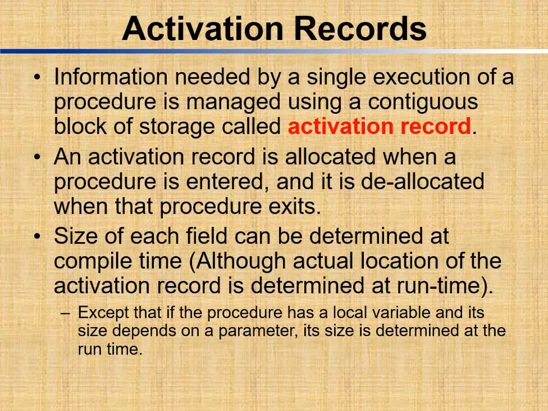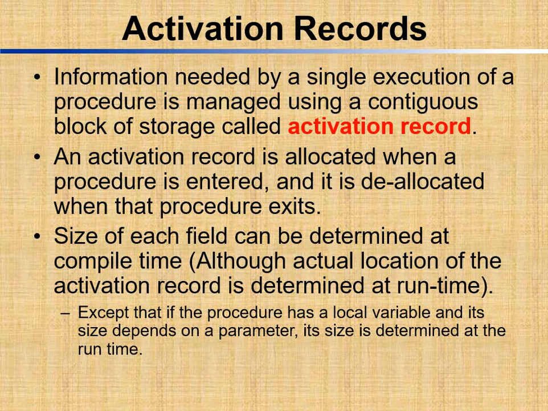In that program also you have seen that when we enter a procedure, allocation of the activation record happens, and when we come out from that procedure, deallocation of that activation record happens. The size of each field can be determined at compile time, although the actual size of the activation record is determined at runtime.